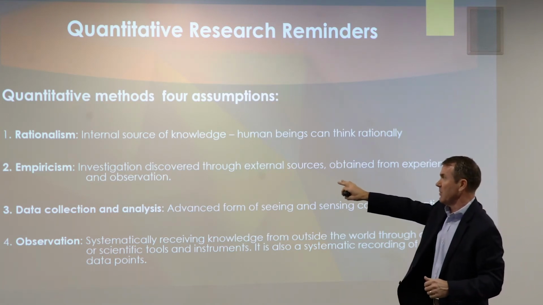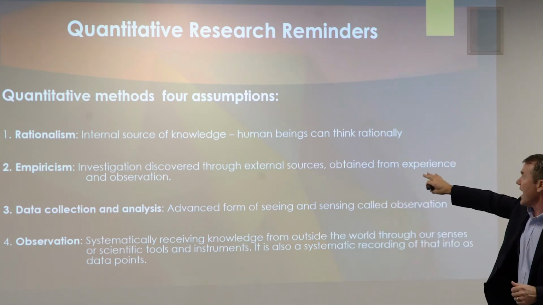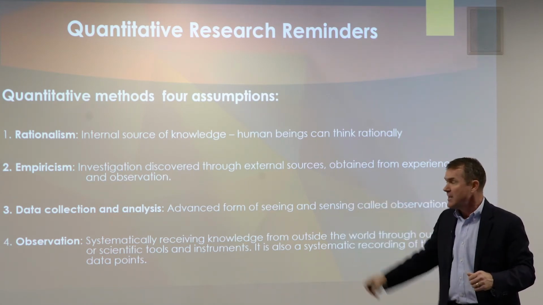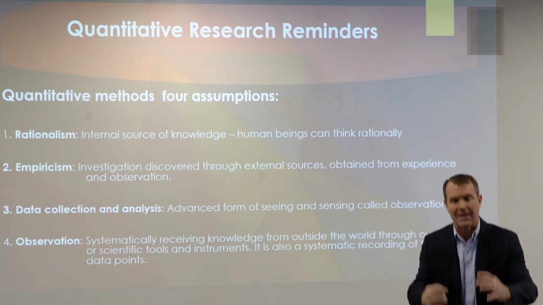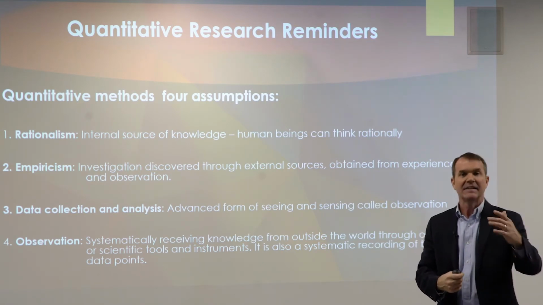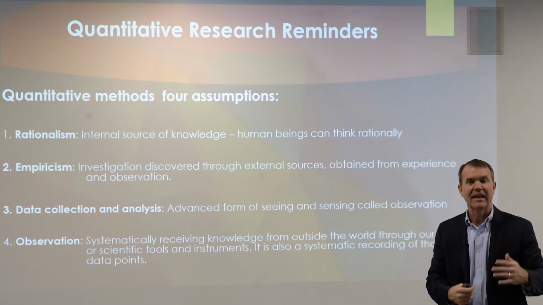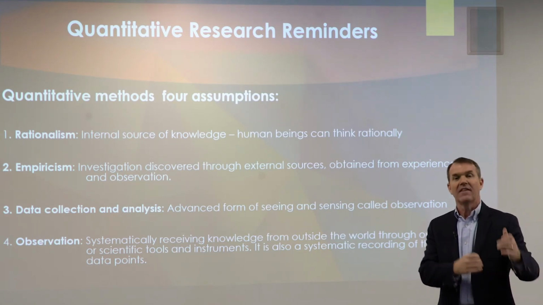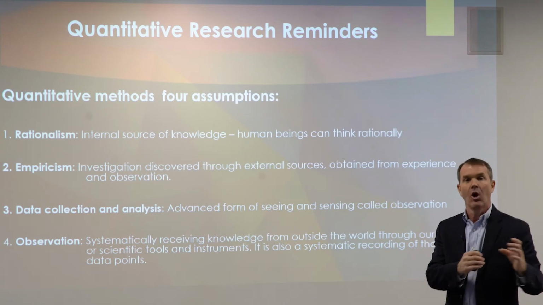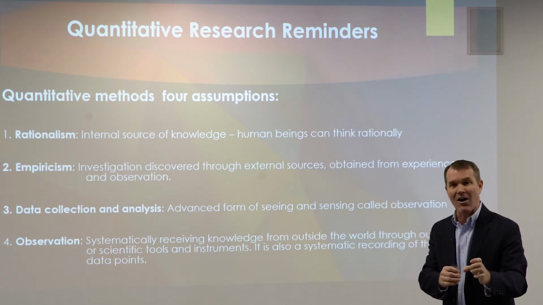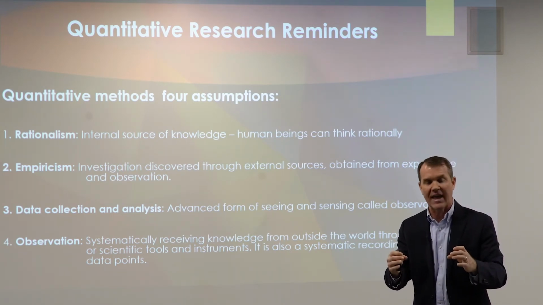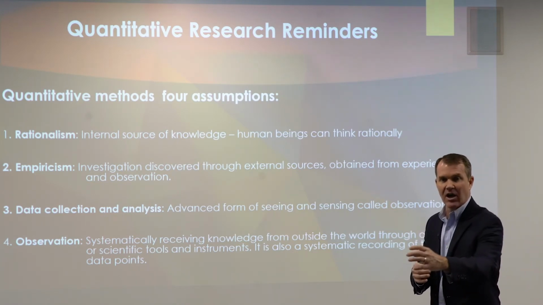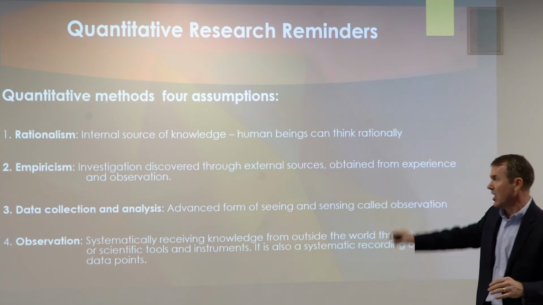Secondly, empiricism. The investigation is discovered through external sources obtained from experience and observation. So you're going to be producing empirical data, data that has been collected with a valid and strategically chosen instrument that shows that we can measure what we're going to measure and the outcome for whatever variable we're looking at. We can say conclusively it does have an outcome or it does not have an outcome.